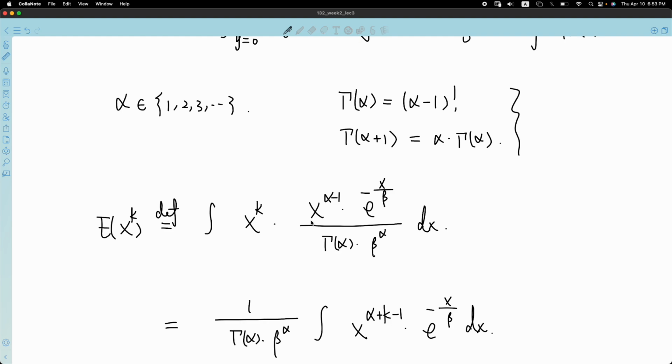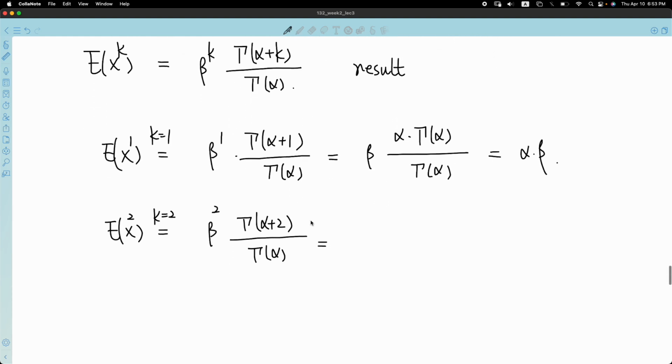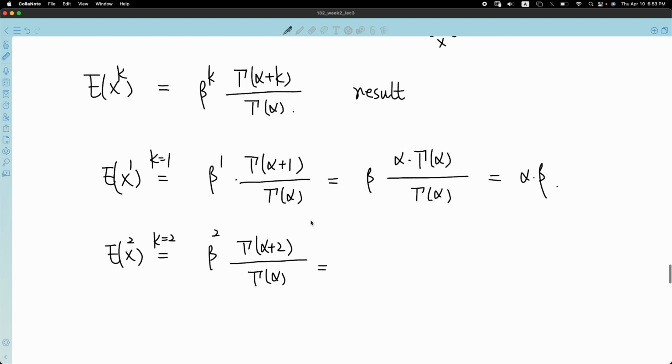Yeah, sure. So it would be alpha plus k minus 1 factorial. If alpha and k are both integers, yes, you can do that. But here we didn't make any claim on whether they are integers or not, so I'm just going to use a general expression.